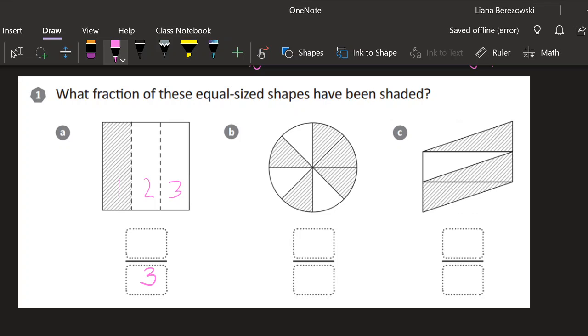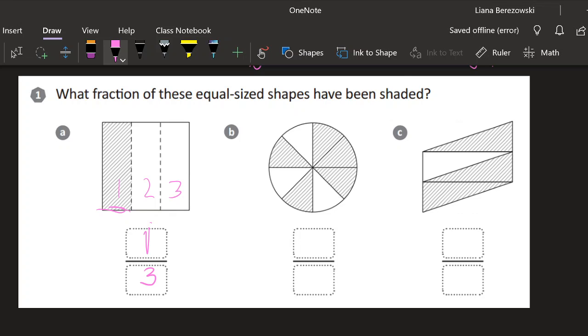Now, the numerator in this case is going to represent the number of shaded parts. How many of our 3 equally sized sections are shaded in? By looking at this picture, we can see just 1. So 1 is going to be our numerator, and the fraction that represents this image is going to be 1/3.